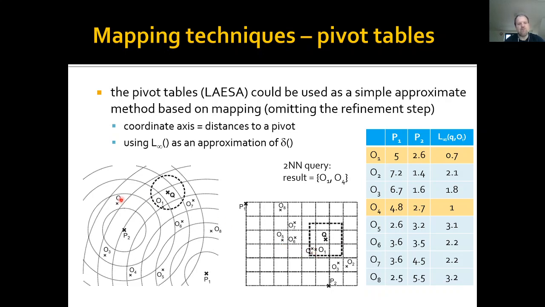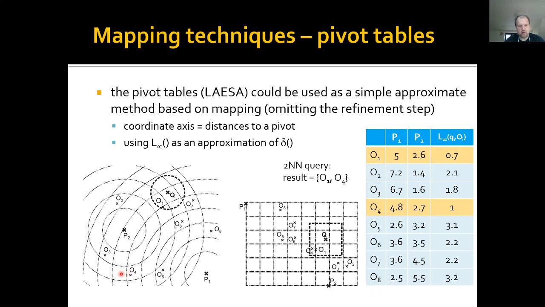But once we add more pivots, because 2 is apparently not many. For example, pivot P3, that would be somewhere here, then we would get a completely different situation, and we will have the distance from P3 here to O4 here.